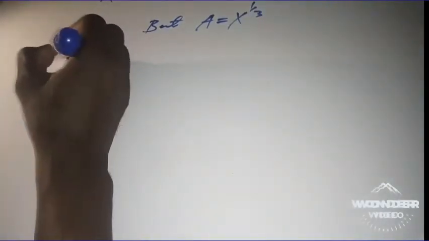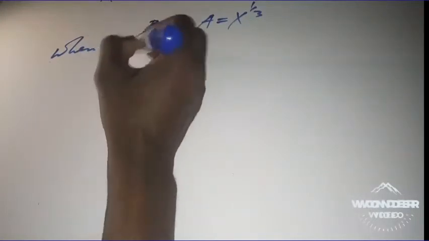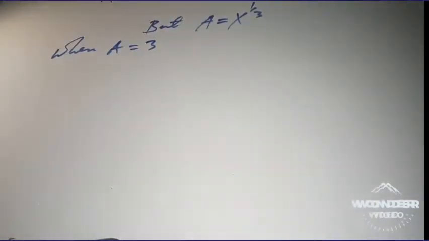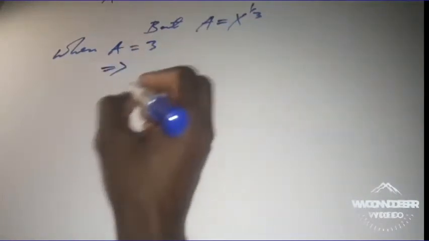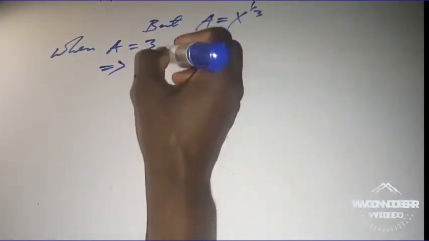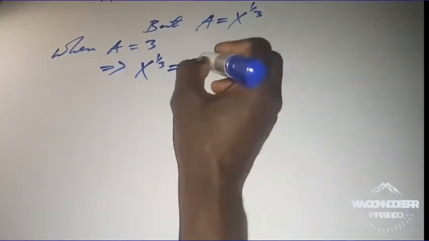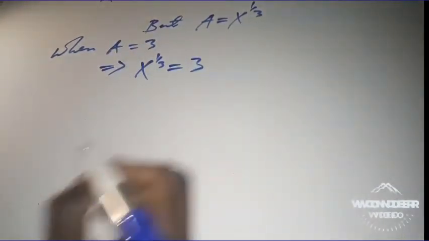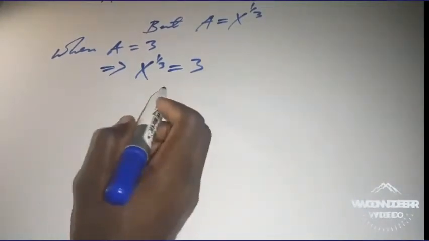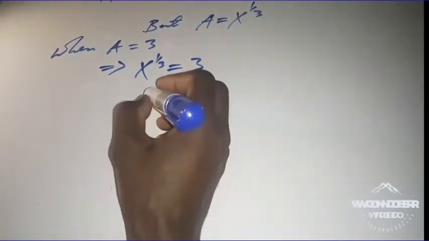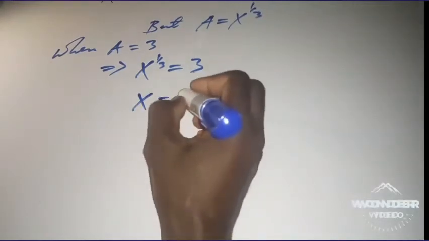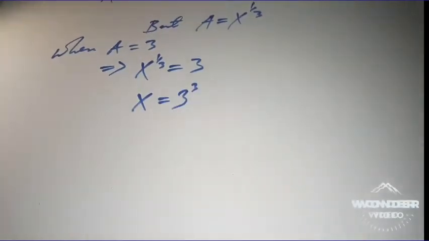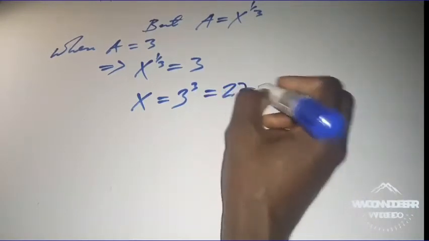But we remember that a is equal to x to the power of 1 over 3. That means when a is equal to 3, that's the first option, this implies that x to the power of 1 over 3 is equal to 3. By taking the cube root of both sides, we now have x equal to 3 to the power of 3, which is equal to 27.